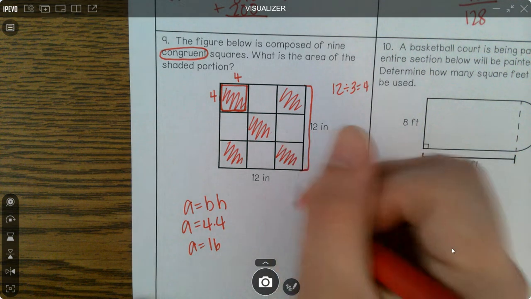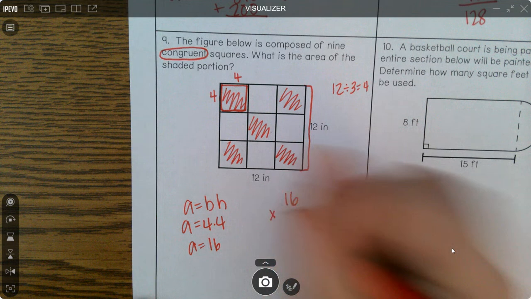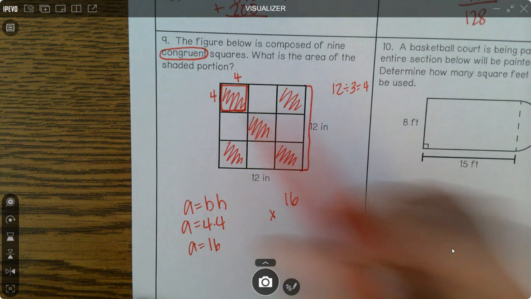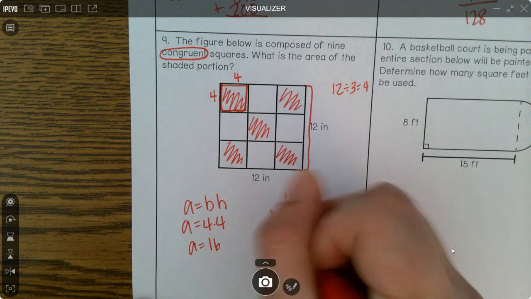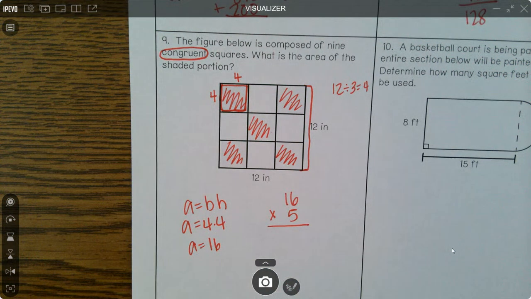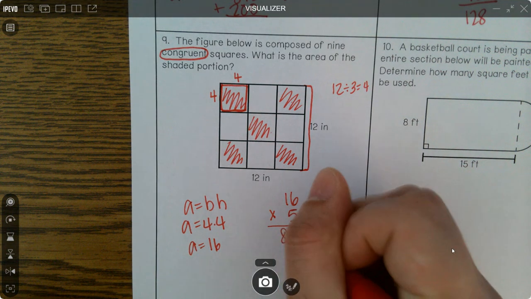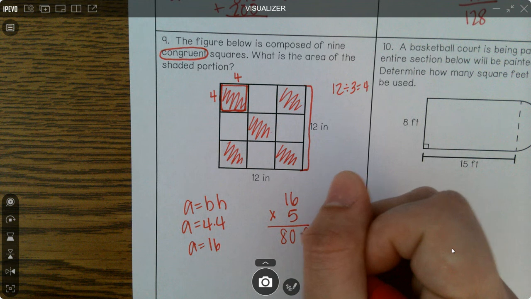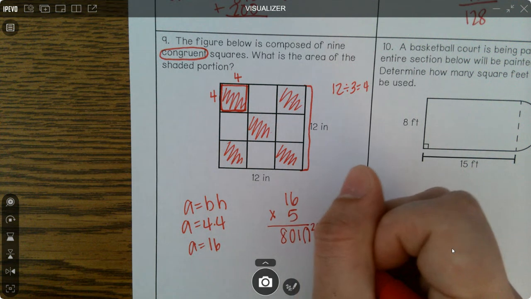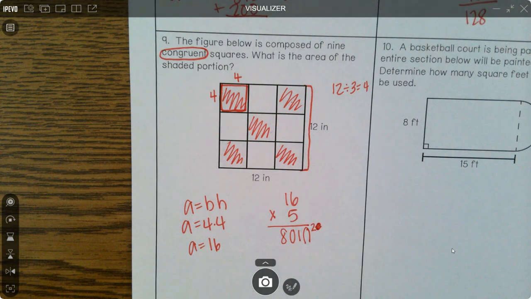I could take the 16 and multiply it by 1, 2, 3, 4, 5. Now, if I did that, what is the total area of the shaded portion? It's going to map out to be 80 inches. Oh my goodness, 80 inches squared, not to the 20th. All right, last one, let's go.